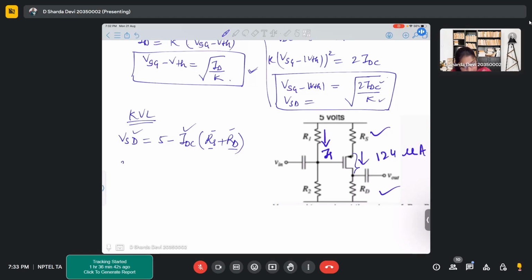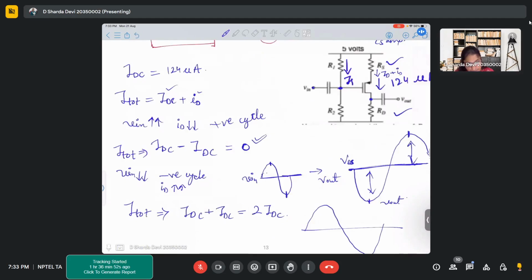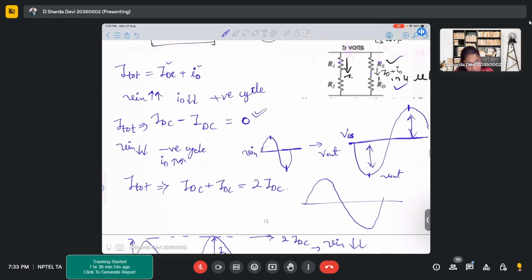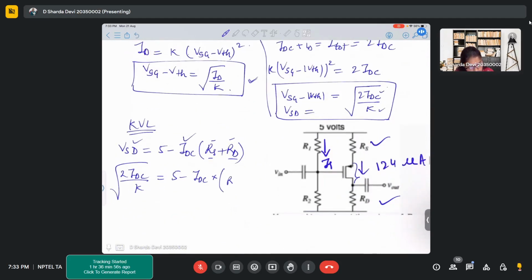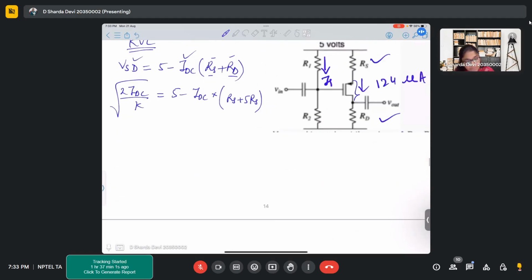So root under 2 IDC by K is equal to 5 minus IDC into (RS plus RD). RD is 5 times RS. So RS plus 5 times RS. From here we can find RS.